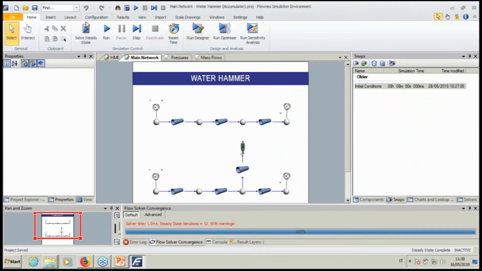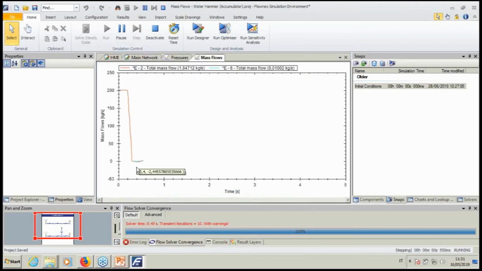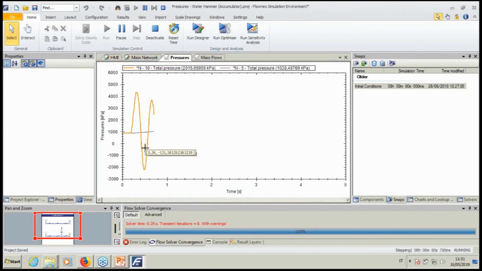So this is a second example where you are able to, let's say, design the accumulator. And also in this case, we are simulating a water hammer effect, just suddenly closing a valve that is at the end of this pipeline. So the mass flow is going to zero, and we are able to have a look at the different pressure waves in the two cases.